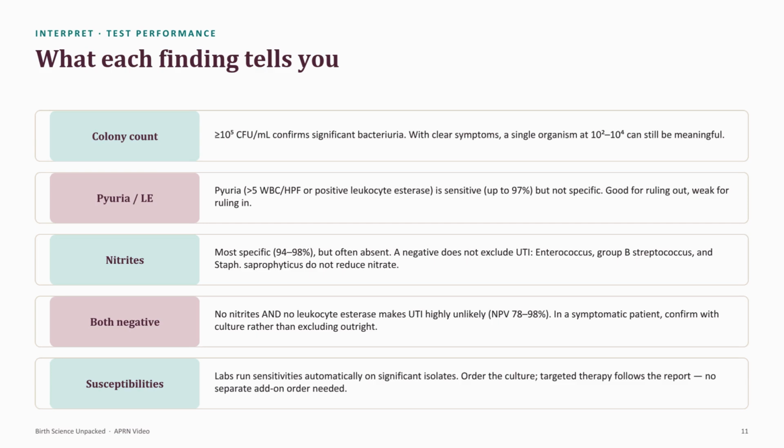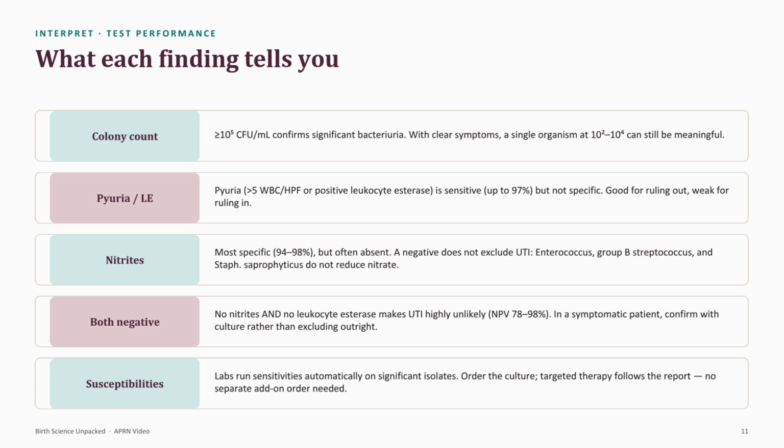Nitrites are the opposite: highly specific at 94 to 98%, but often absent because not every uropathogen reduces nitrate. Enterococcus, group B streptococcus, and Staphylococcus saprophyticus do not reduce nitrate. So a negative nitrite does not clear a symptomatic patient.